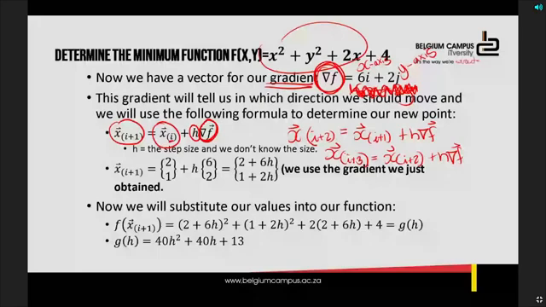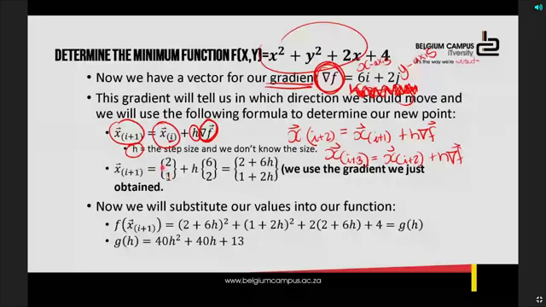Okay, we don't know the step size, we have to calculate the step size. So we first substitute what we do have. We do have our initial step. That was the 2 and the 1 that we had before. I just tend to write it like this to not confuse which one is for x and which one's for y.